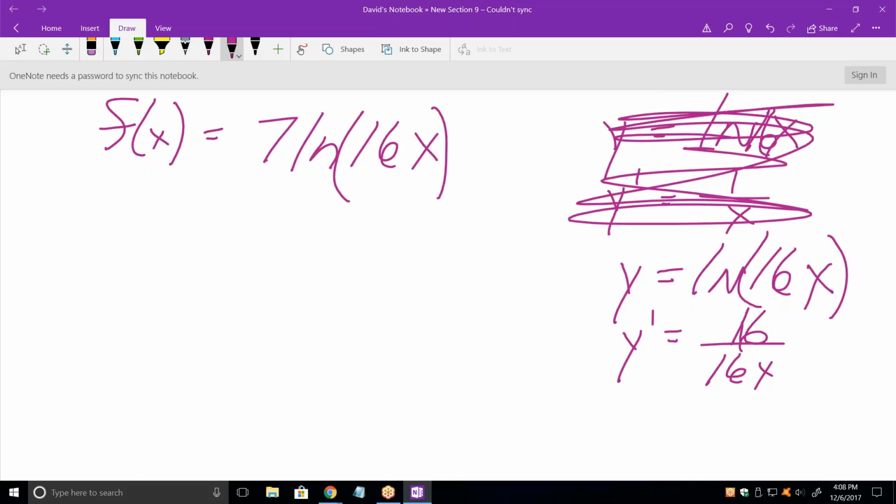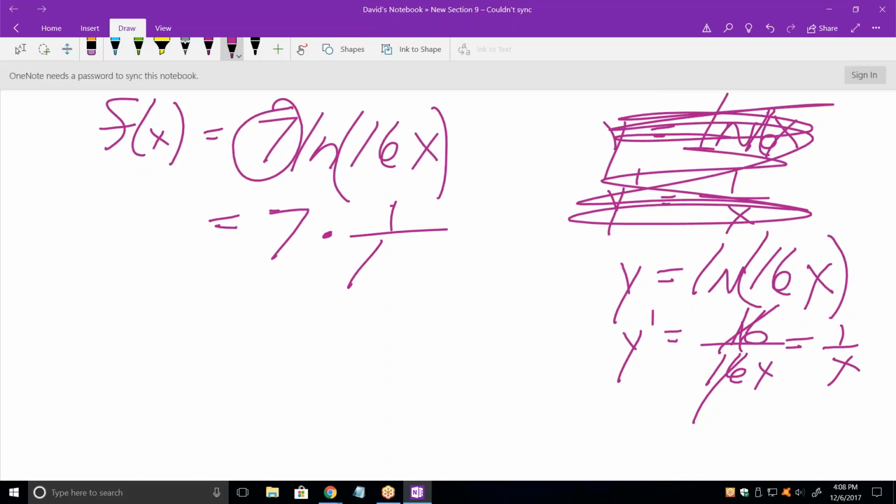Notice something really interesting happens. Oh, okay, and then it turns into 1 over x. So it doesn't matter if there's a coefficient in front of the x. But still, you have to apply the chain rule. So this one, the 7, you can just treat as a coefficient. You don't need to apply the product rule or anything like that. It's just 7 times 1 over 16x times 16, which gives you 7 over x.